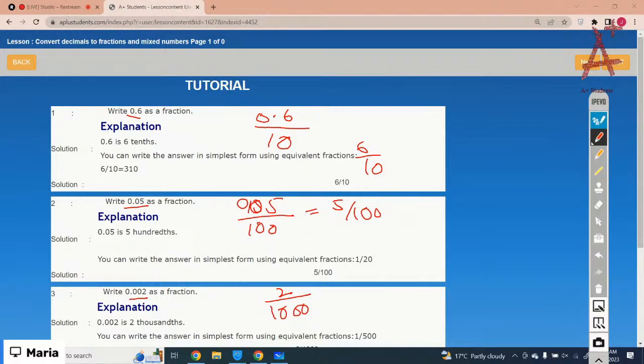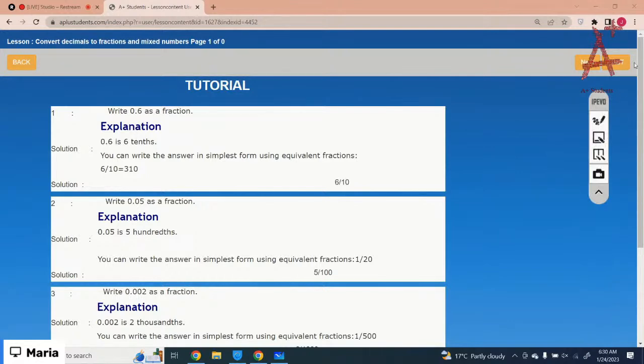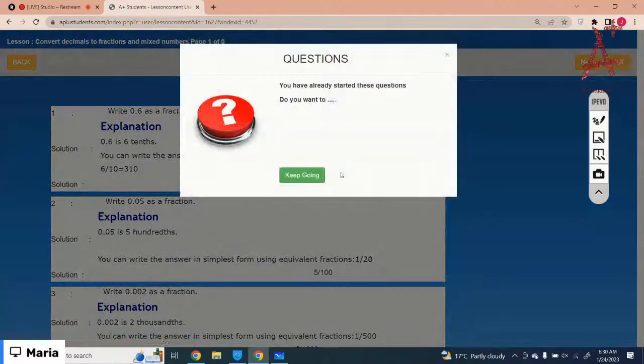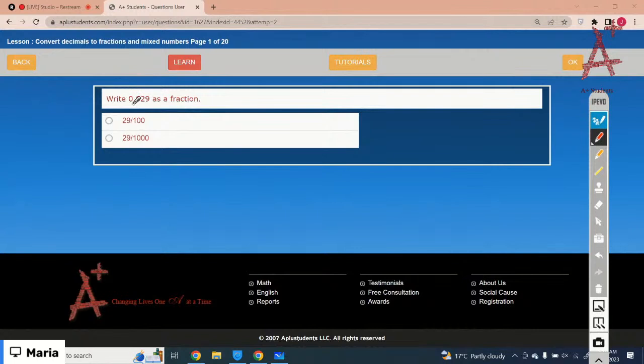Okay, let's just start with the test questions. Okay, 0.029. So which is the correct option? Just count the number of digits after the decimal point. You have 1, 2, 3. You have three digits right after the decimal. It would be 29 divided by 1, 0, 0, 0.